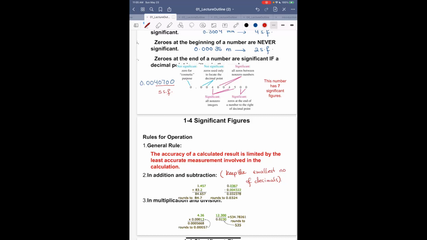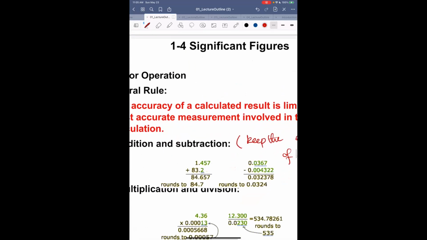Then I will say we are going to keep the smallest. For example, here I'm showing you addition. I will judge through the decimals. This one has 3 decimals, and this one has 1. Then what should I keep? I should keep 1 only.